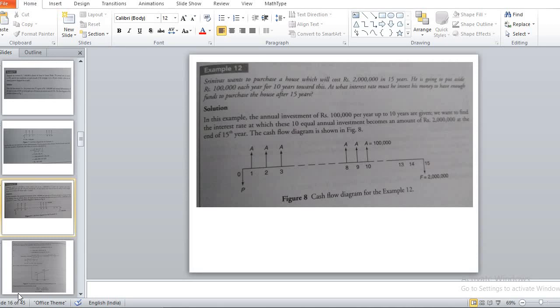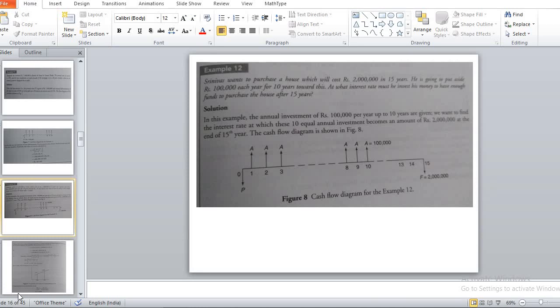At what interest rate should he invest his money to have enough funds to purchase the house after 15 years? So he wants to purchase a house with total cost of 20 lakh in 15 years, and for that purpose he puts aside 1 lakh each year for 10 years. At what rate should he invest that money so that he achieves that task after 15 years?